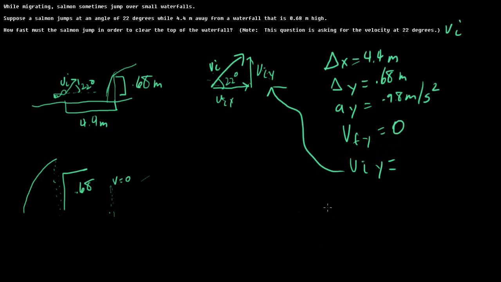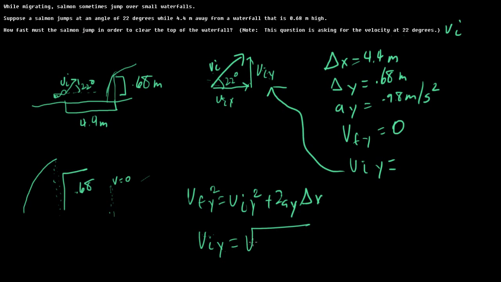So let's do it. We don't know time, so we're going to need to use VFY squared equals VIY squared plus 2AY delta Y. Okay, but VF is 0, so rearranging this, we get VIY equals the square root of negative 2AY delta Y. So we can just plug in negative 2 times negative 9.8 times delta Y, which is 0.68.